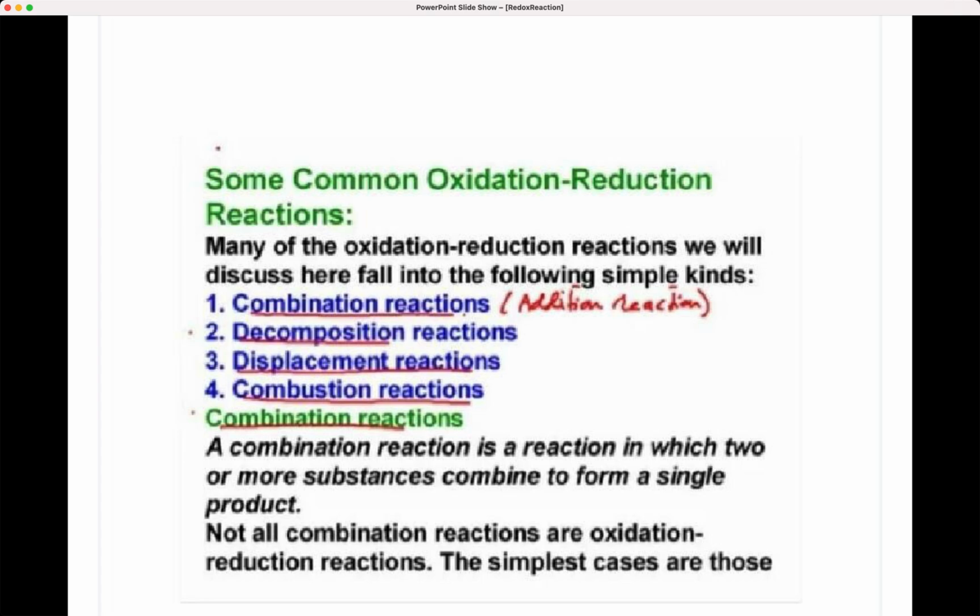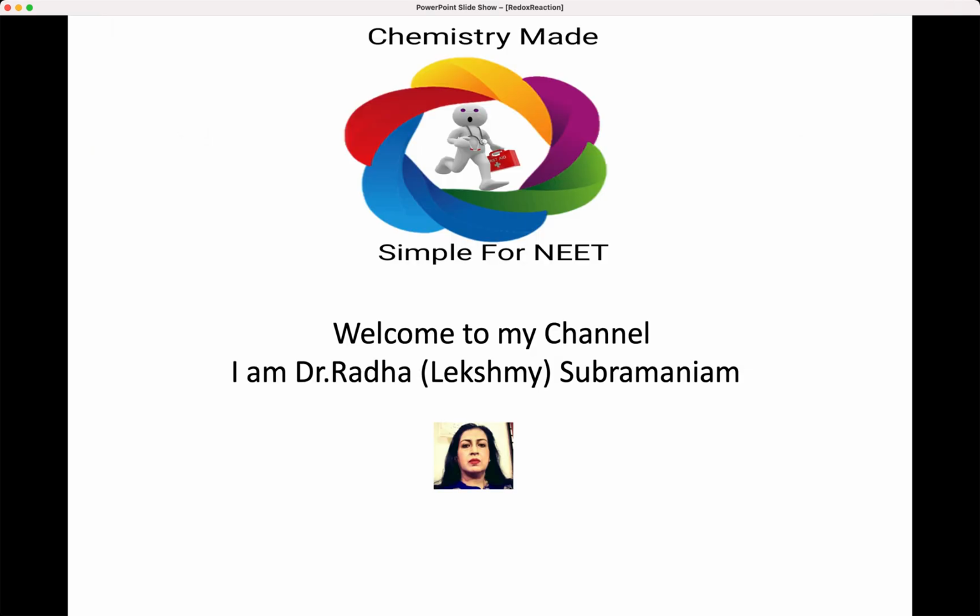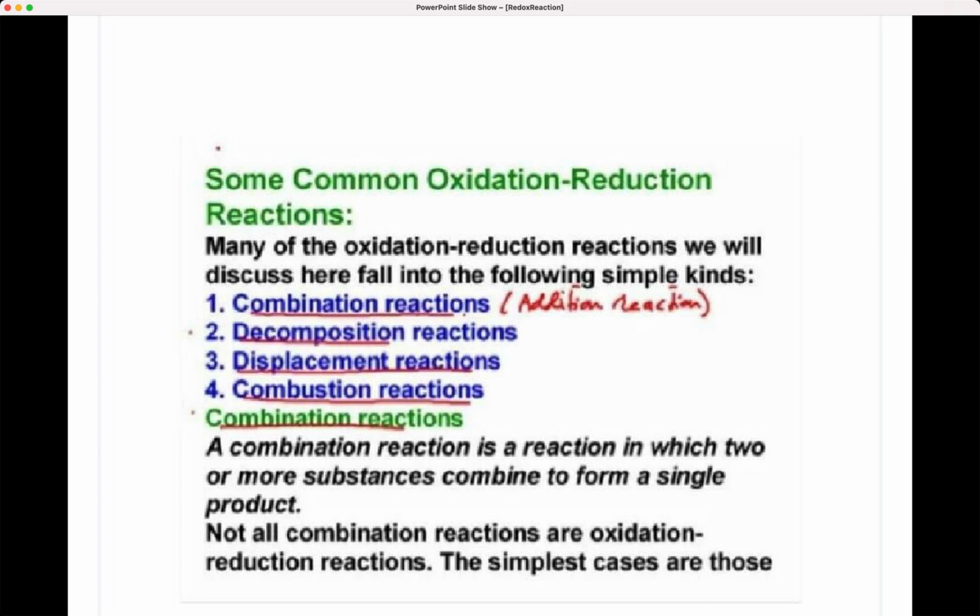Now, you can just see here some common oxidation reduction reactions. Many oxidation reduction reactions we discuss in this topic fall into simple kinds like combination reactions, decomposition reactions, displacement reactions, combustion reactions. You all should be very familiar with all these types of reactions.